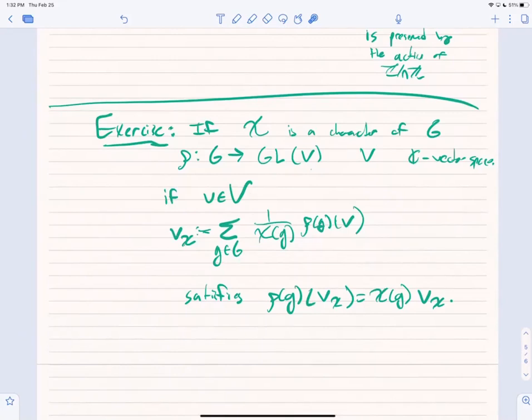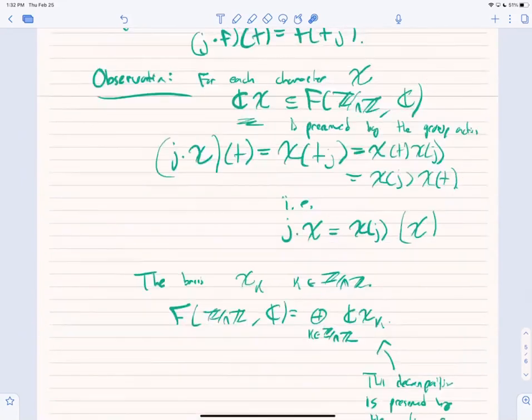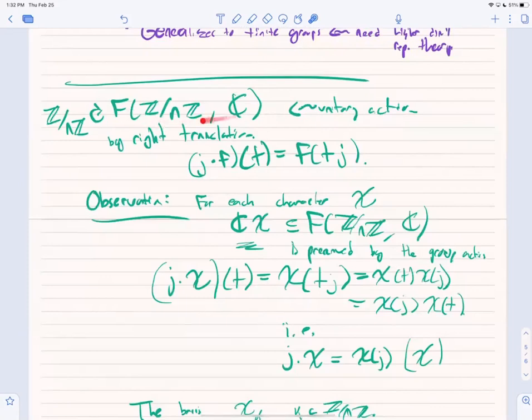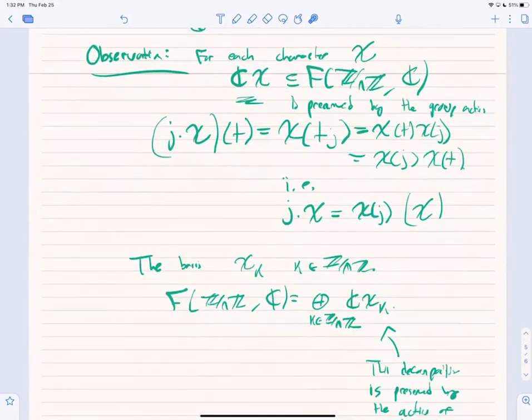The point is that Fourier theory in this context is really about taking the space you have, functions on Z mod NZ to C. This is a specific space, but it's just some space with an action of Z mod NZ. Then you decompose it into irreducible subrepresentations, which here correspond to these characters. After you do this decomposition, you can rewrite any function using the resulting direct sum decomposition.